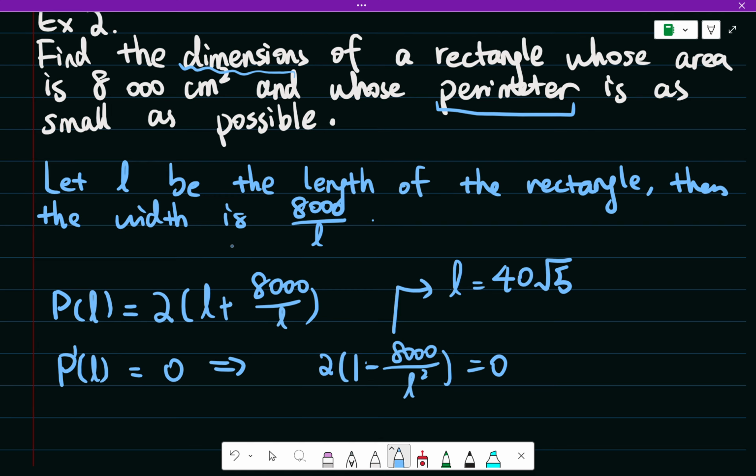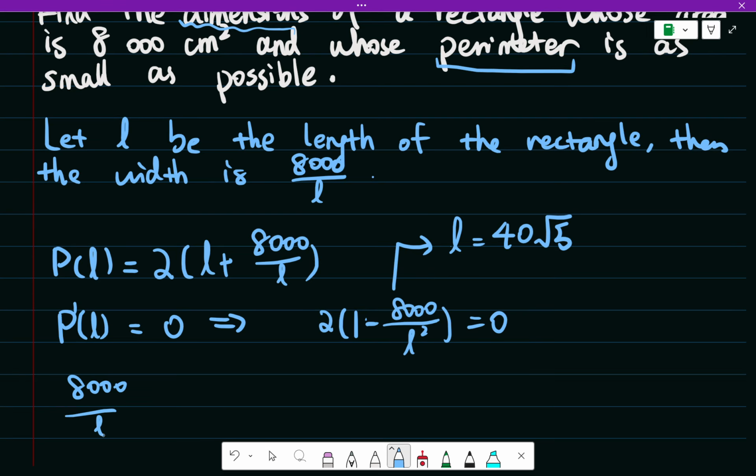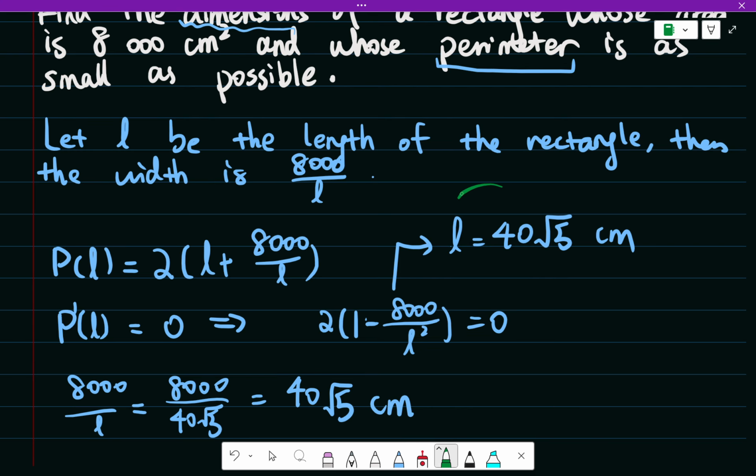And since the question is asking for dimensions, we will see that the width 8,000 over L is equal to 8,000 over 40 root 5, which will give us 40 root 5 again. And the units are centimeters. Therefore, the dimensions of the rectangle will be 40 root 5 by 40 root 5 centimeters.